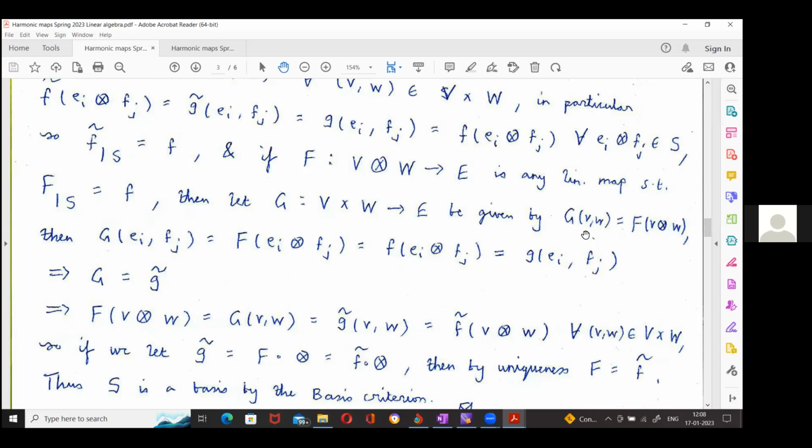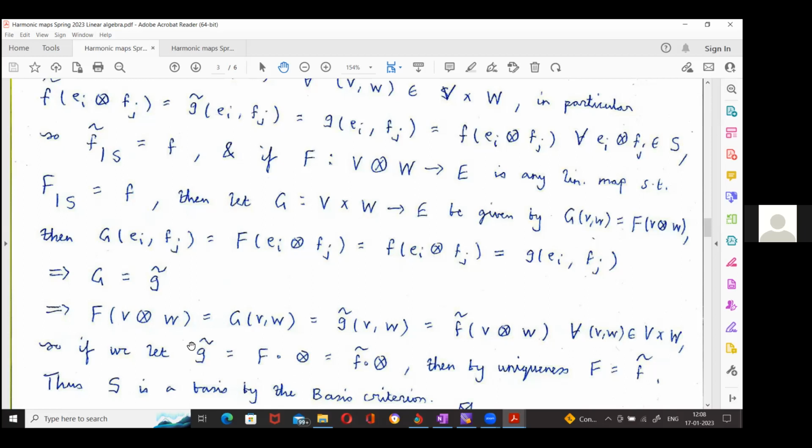What was capital G? Capital G of VW was capital F of V tensor W. So we get that capital F of V tensor W is capital G of VW, which is equal to G tilde of VW. What was G tilde of VW? This was F tilde of V tensor W. So I'm getting that capital F composed with the universal multilinear map is equal to G tilde, and also little f tilde composed with the universal multilinear map is equal to G tilde.